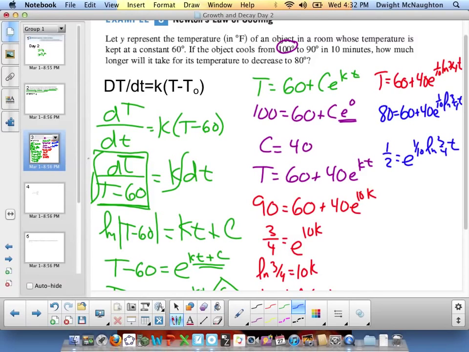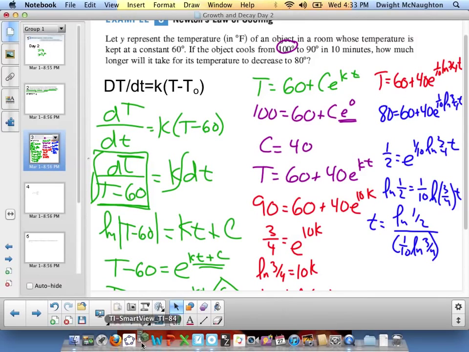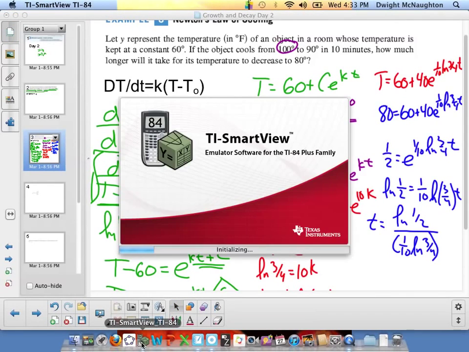I don't have my calculator open right now, so I'm just using the exact value. Take the natural log of both sides: natural log of 1/2 equals 1/10 natural log of 3/4 times t. Divide. So t equals the natural log of 1/2 divided by 1/10 the natural log of 3/4. We'll calculate that out as soon as we get our calculator open.